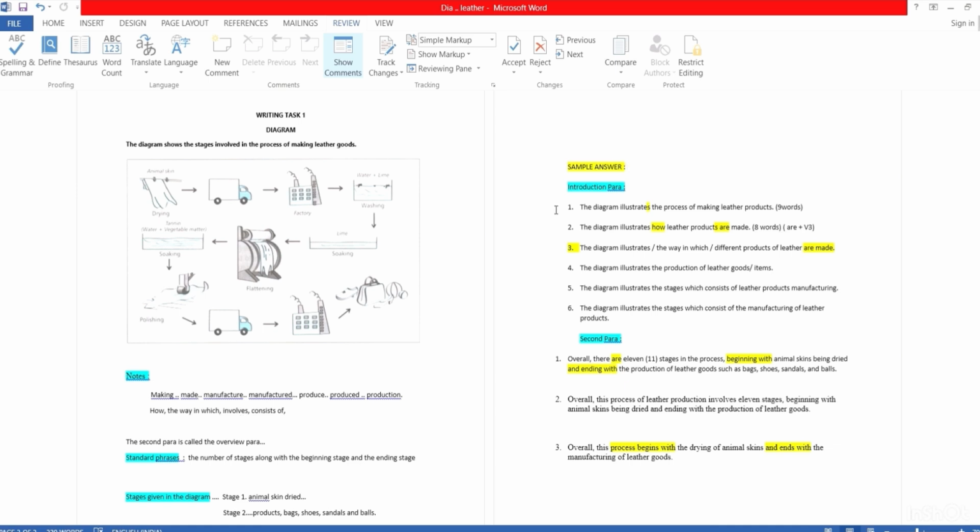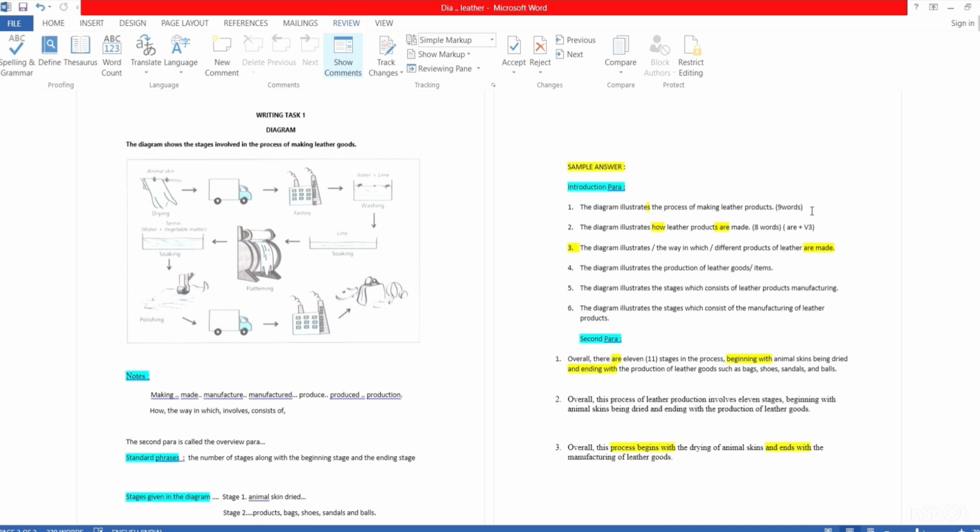So here are the 6 different introduction paragraphs. The first one, the diagram illustrates the process of making leather products. The word count is just 9 words and it is more than sufficient.